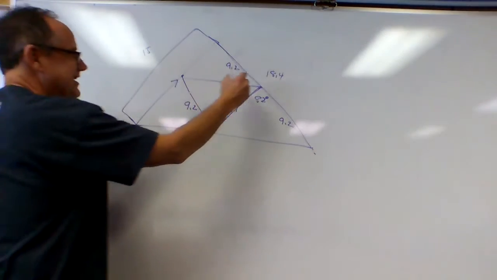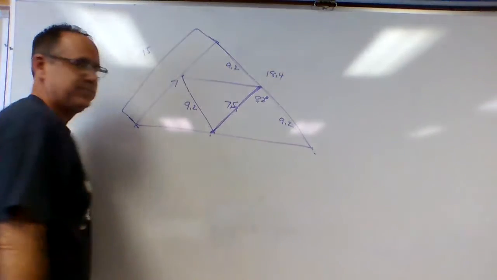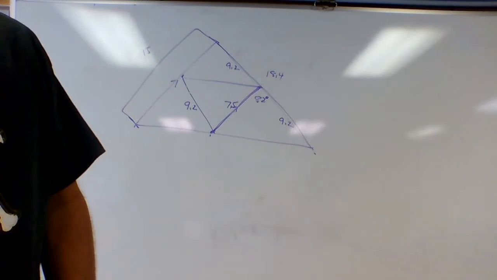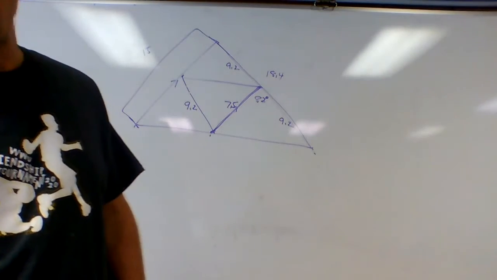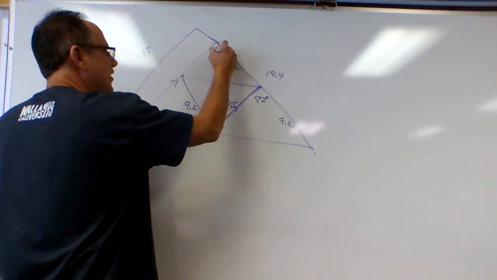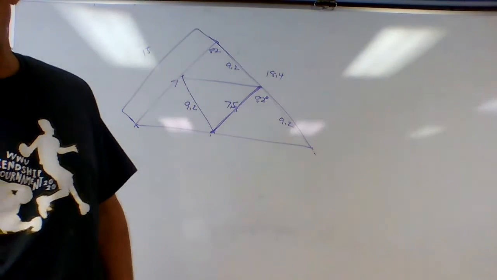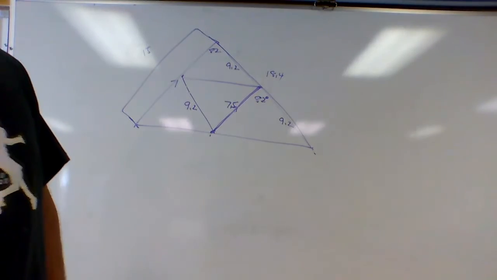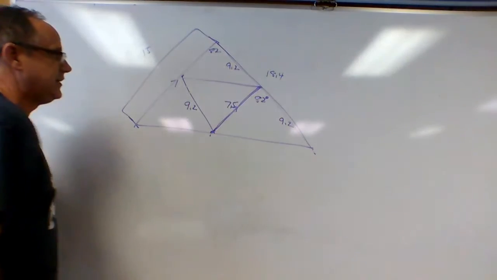And then because these two sides are parallel, we have this would be 82 degrees there, and that would be 82 degrees there, because this is the transversal here.